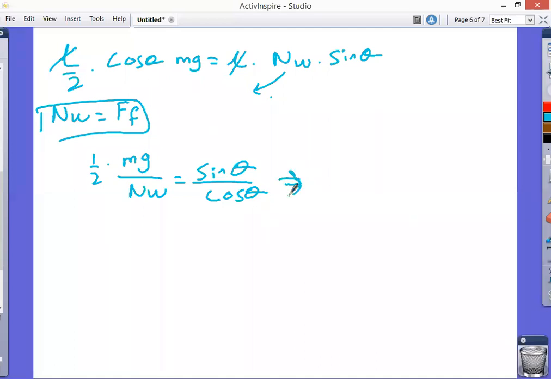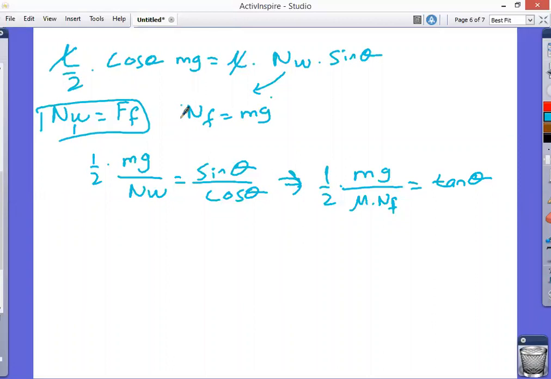Let's continue. 1 over 2 times mg over, let's replace this force of the wall by the friction force, so it's going to be mu times the normal force, and that is equal to tangent theta. So now we can find theta easily. The normal force was equal to mg, so let's replace it here as well.